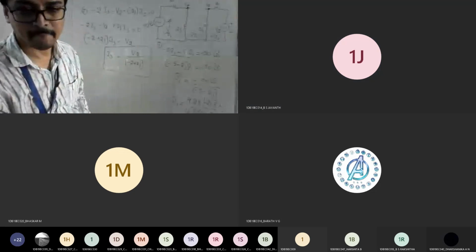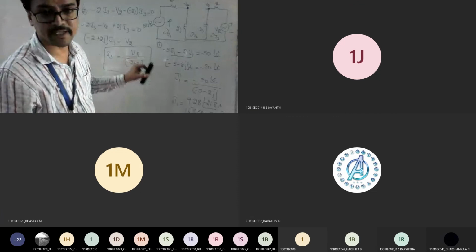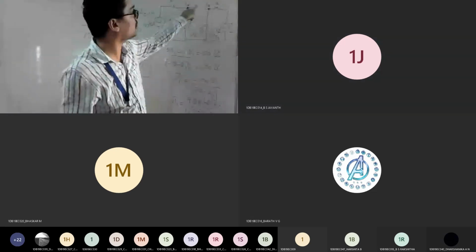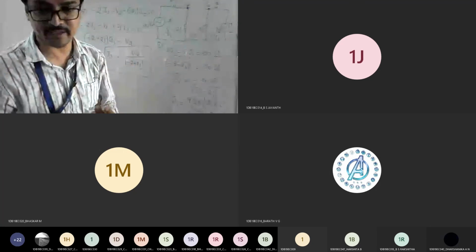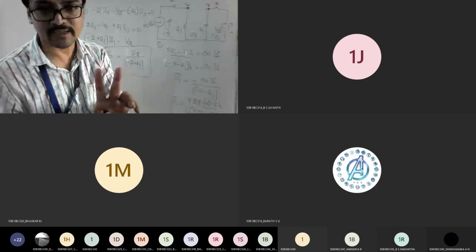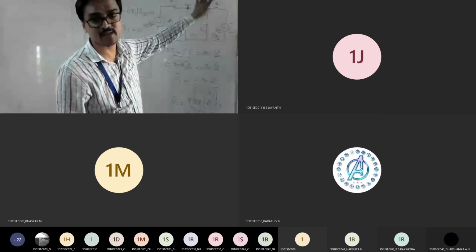We need to find V2, and for this we are making an assumption that both voltages are equal. Since two unknowns are there, we have to make some assumption. That assumption I made: VA is equal to VB.